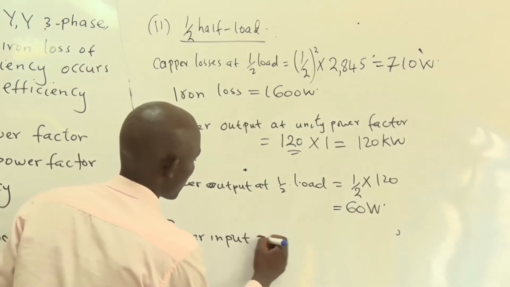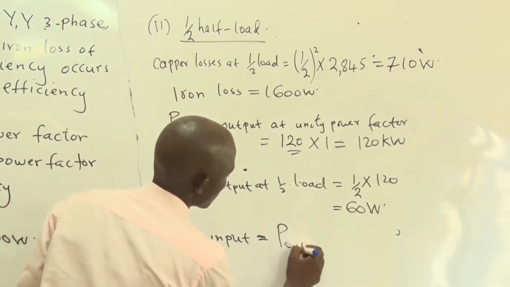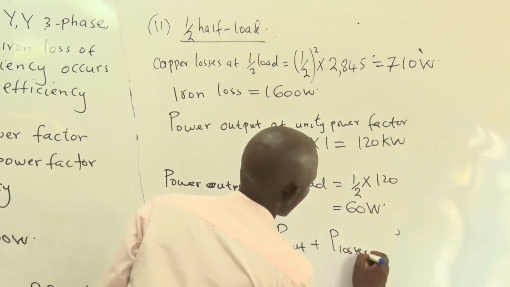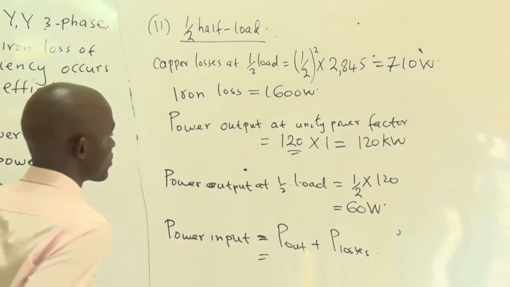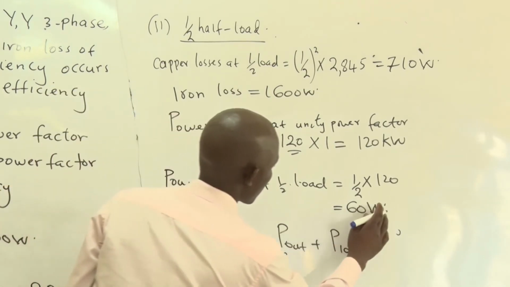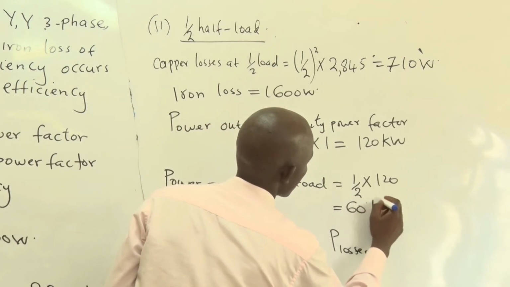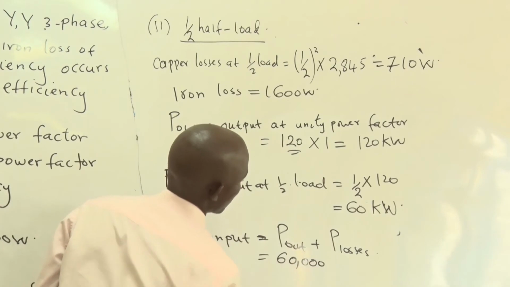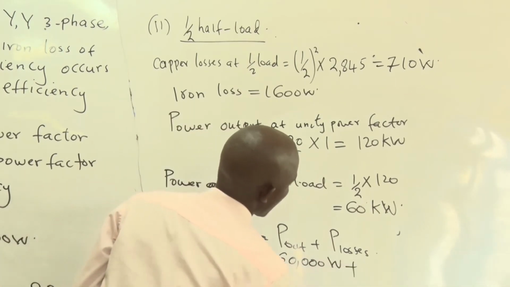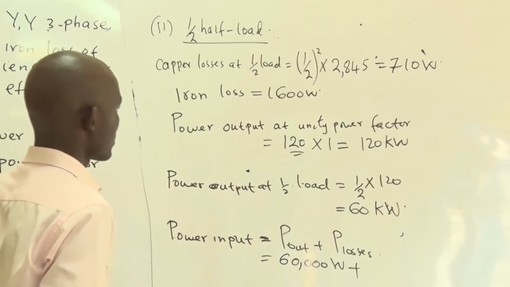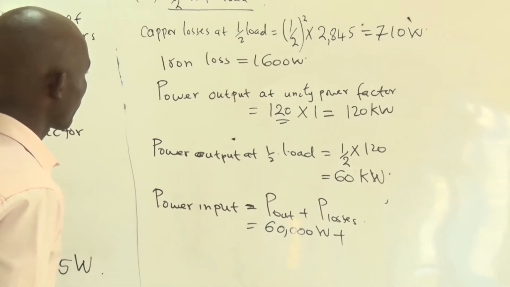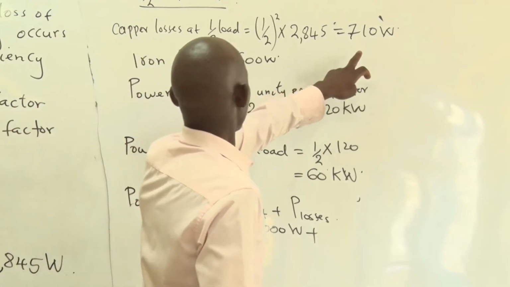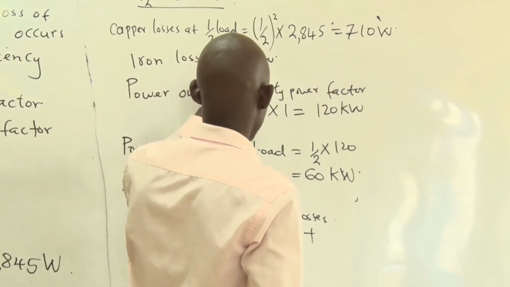After you have your power output, we can move on and get the power input. Power input is given by P out plus P losses. So the power output is 60, sorry, this was kilowatts. That is 60,000 watts plus the losses. The losses are 710 plus this one.